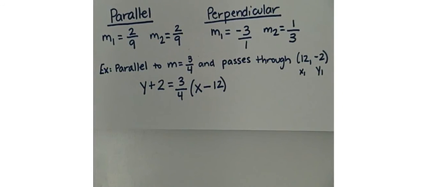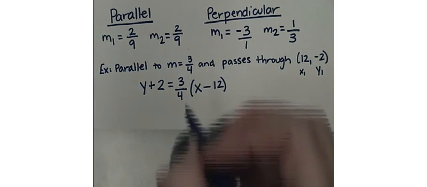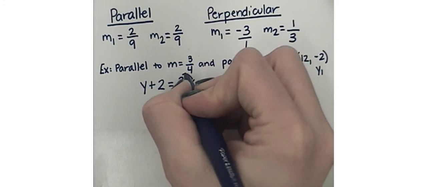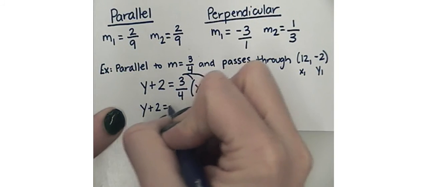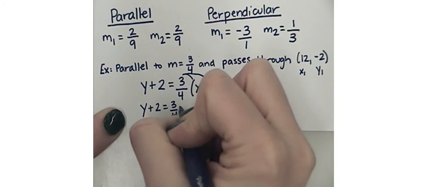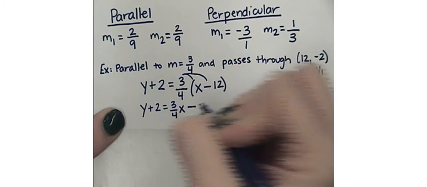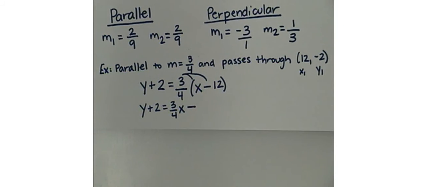We could leave it like that, but let's convert it to slope-intercept form. So distribute, distribute. (3/4) times -12. Plug it into your calculator or a scientific calculator.